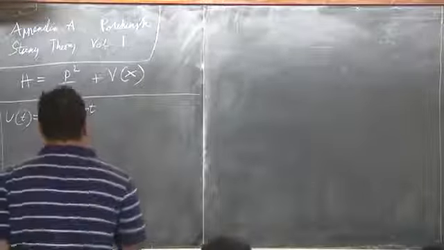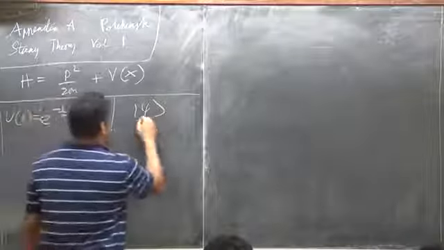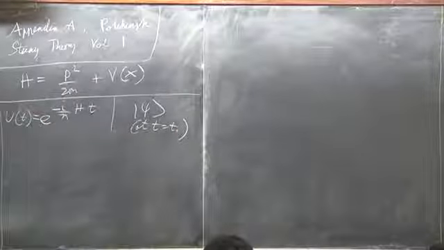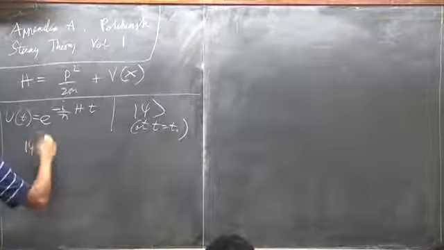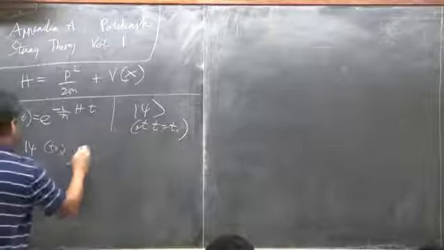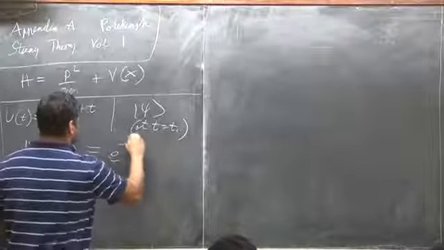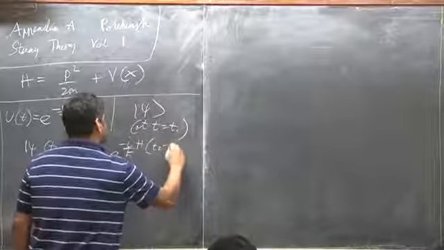So suppose you know your state is psi at t1, and you want to know what is psi at t2. The answer to that question, as all of you know, is e to the power minus i H times t2 minus t1, from solving the Schrödinger equation.